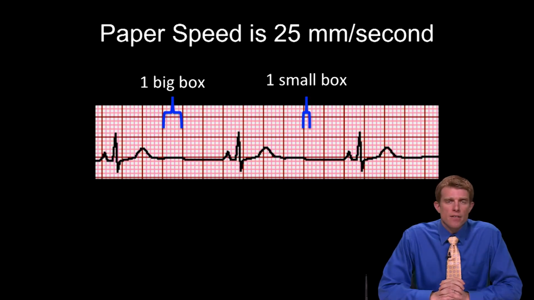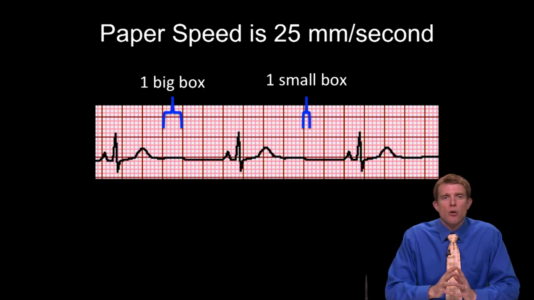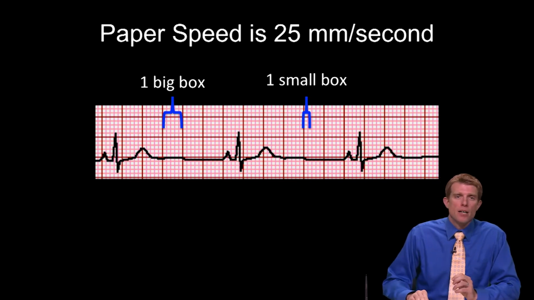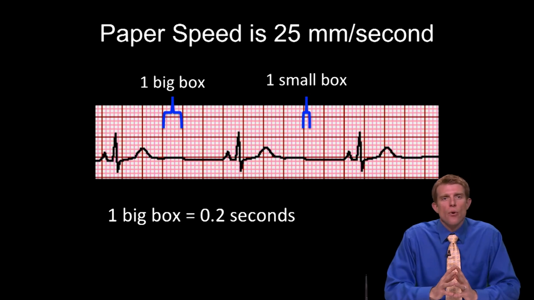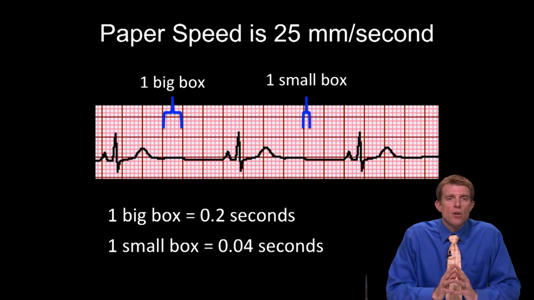If you're using the standard paper speed of 25 millimeters per second, you'll see a big box and small boxes. The big box stands for 0.2 seconds in time. There are 5 small boxes in a big box, and each small box stands for 0.04 seconds.